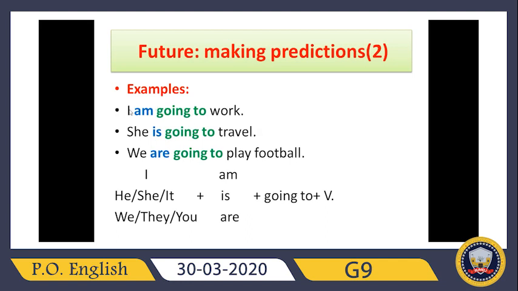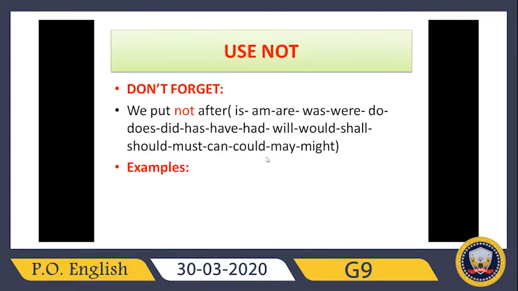So again I can say I will work or I am going to work. She will travel or she is going to travel. We will play football or we are going to play football. Don't forget where we shall put not, as we took before: after is, after am, after are, after was, after were, after do, after does, after did, after has, after have, and so on.